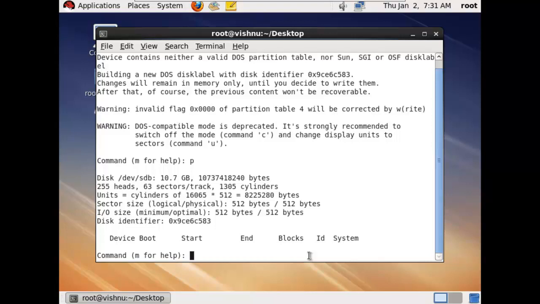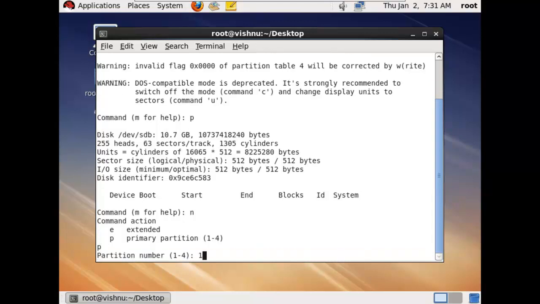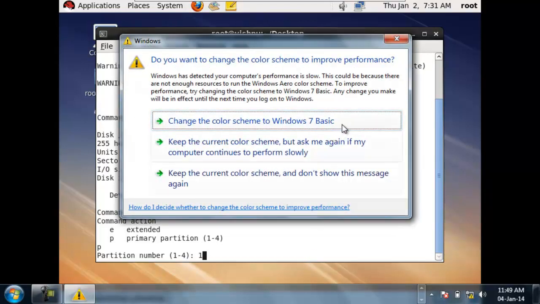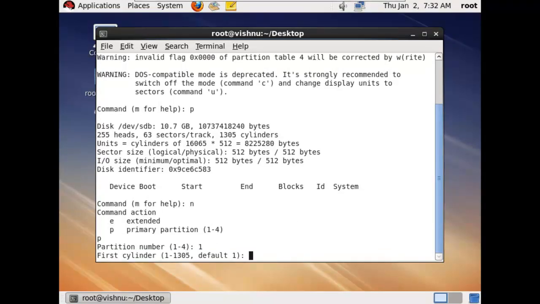So guys, for creating the two different volume, here you will use the option N and press enter. So for the primary volume, you have to choose the option P and press enter. Give the number 1 because this is the first partition that we are going to create. Then press enter.